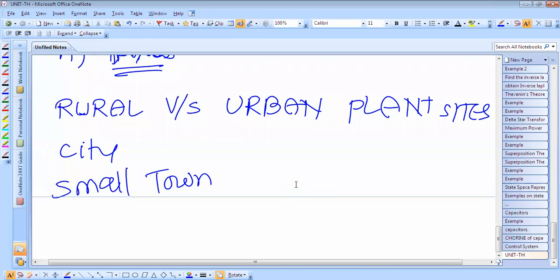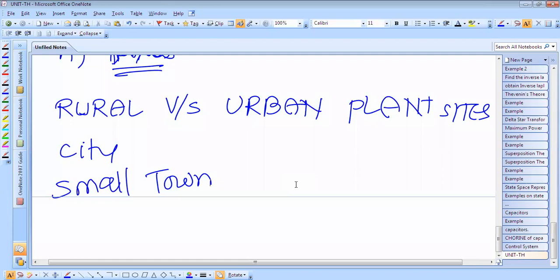Government gives inducement as it wants to develop the underdeveloped areas. The government gives incentives to industries that set up their plant in rural areas, because the government also thinks that the area will get developed. So these are some advantages of the small town.